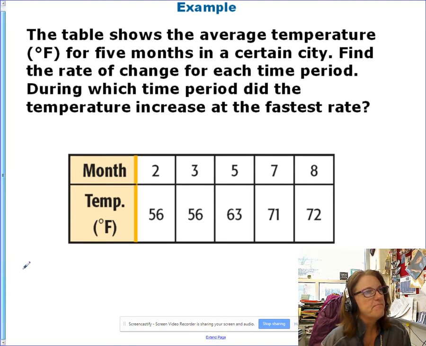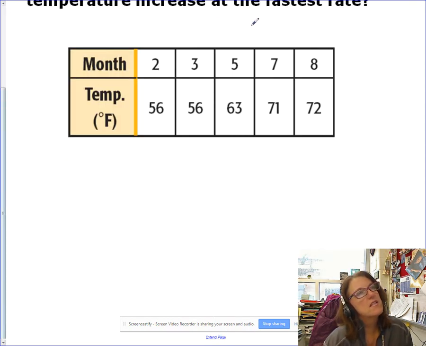Here's some information. In fact, grab some paper for your notes right now, and let's write what this table is representing. On the top row, it's the months: month 2, month 3. Notice they don't always go in order or by one increment at a time, and that's okay. Not everything happens that way. This is your input or your X value, the independent variable.